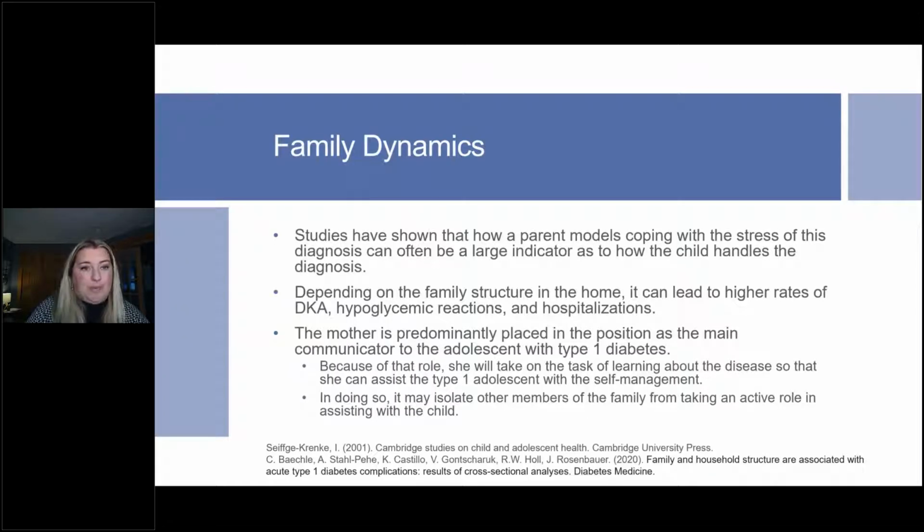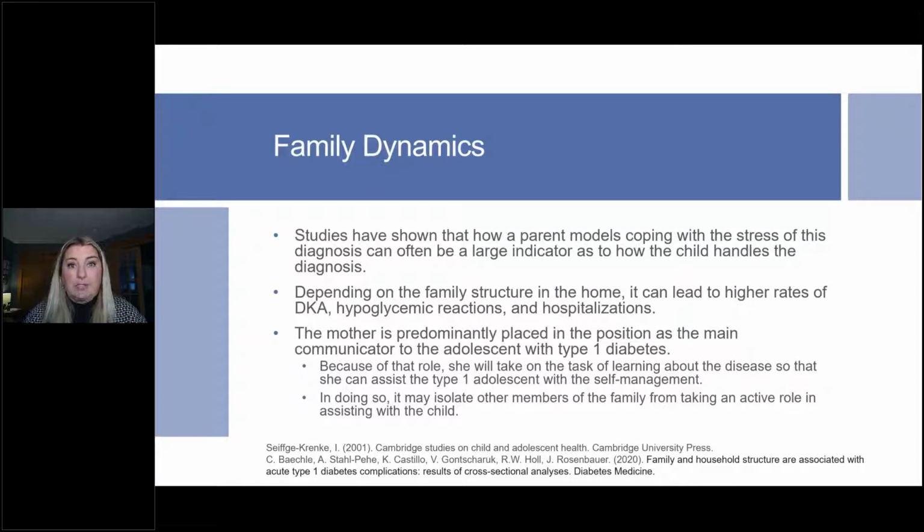So with family dynamics, I think we take a look here at what past studies have shown us. We look at real life examples. We know that studies have shown that how a parent models coping with the stress of a diagnosis can be a large indicator of how the child handles the diagnosis.